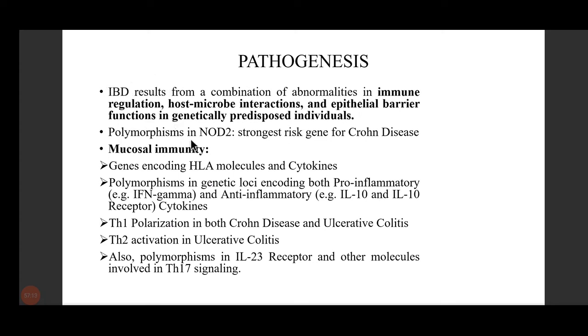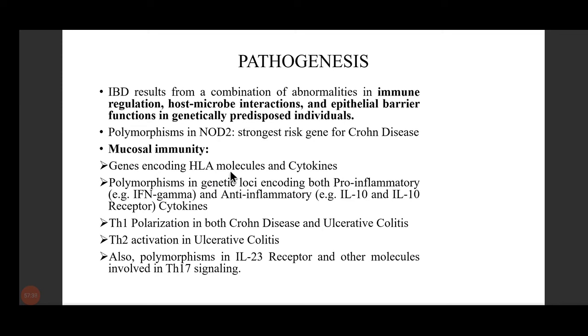Polymorphisms in NOD2. This is commonly asked in NEET PG. This is the strongest risk gene for Crohn's disease. Just remember that. In mucosal immunity, the genes involving HLA molecules or cytokines are more commonly involved.